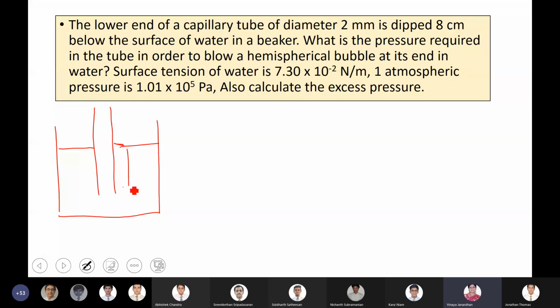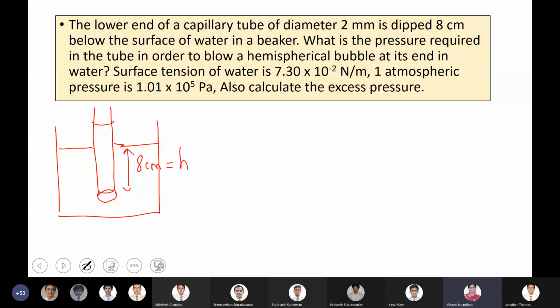So it is dipped 8 centimeter below the surface of the water. Let this height be equal to h. What is the pressure required in the tube in order to blow a hemispherical bubble at its end in water? There is a bubble over here.